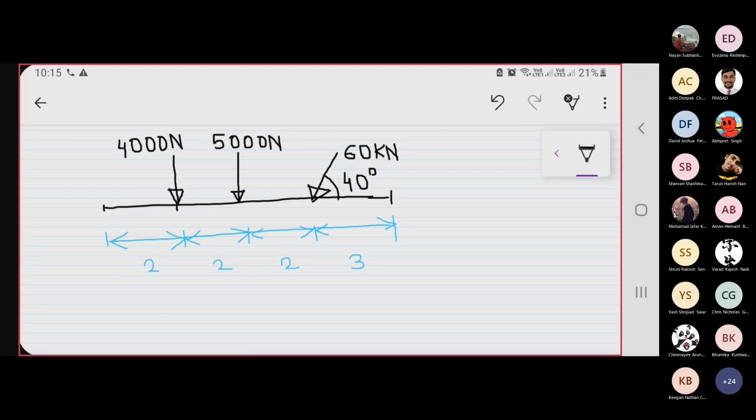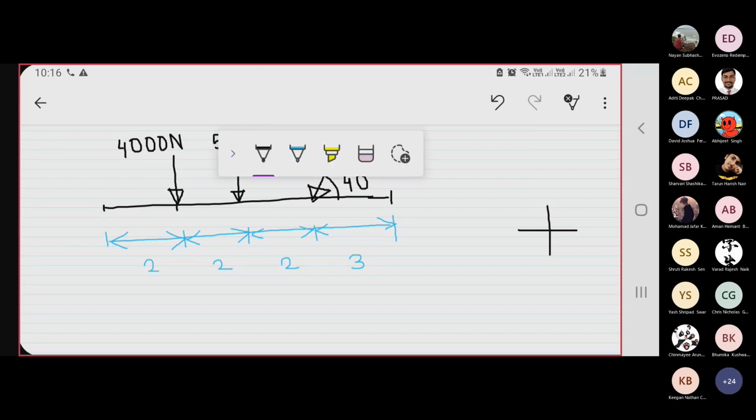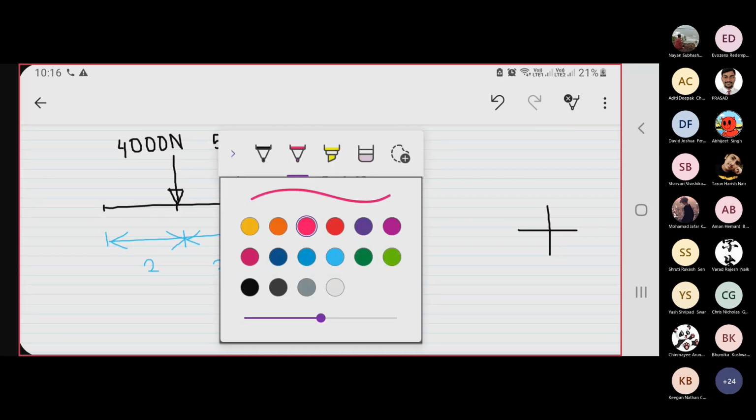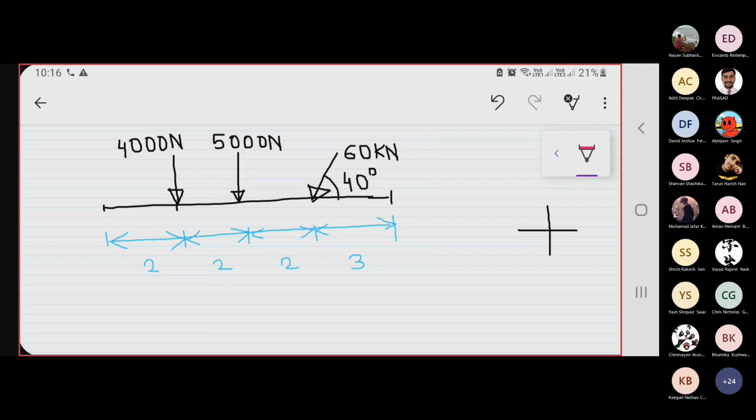Check whether all forces are along the global axis. Is any force at an angle? Yes, the 60 kilonewton force is at 40 degrees with the horizontal. It is directed towards the third quadrant.